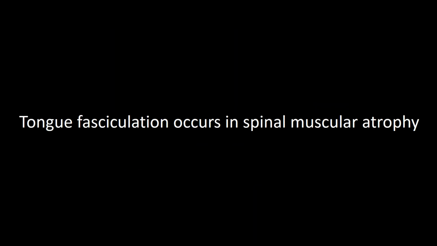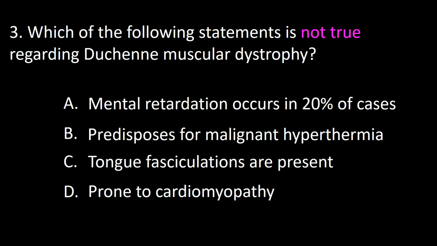Remember that tongue fasciculation is the hallmark of a spinal muscular atrophy, which courses with tongue atrophy, and that in myopathy, the tongue is not atrophic but thick and it does not fasciculate. So the answer to this question is C.